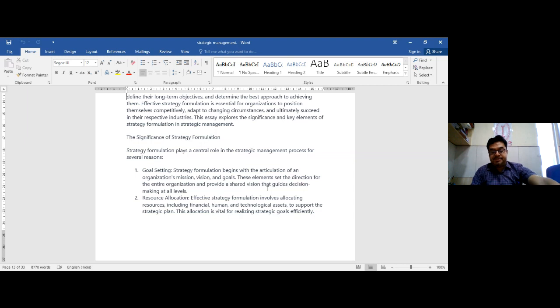Functional strategy is basically an approach to the functional areas of business which is explored to achieve the corporate and business unit objectives and ultimately help in maximizing the resource productivity.